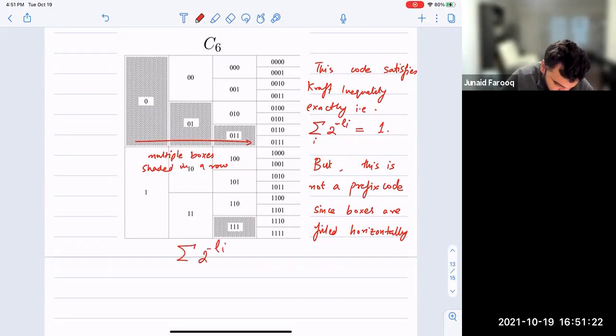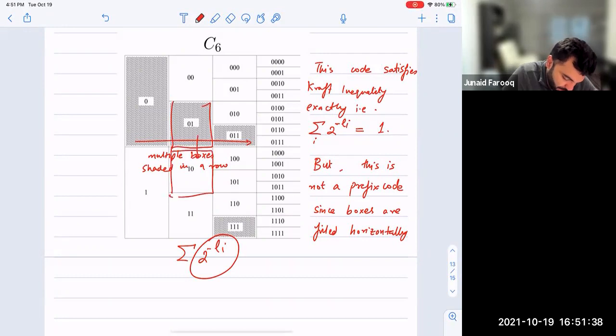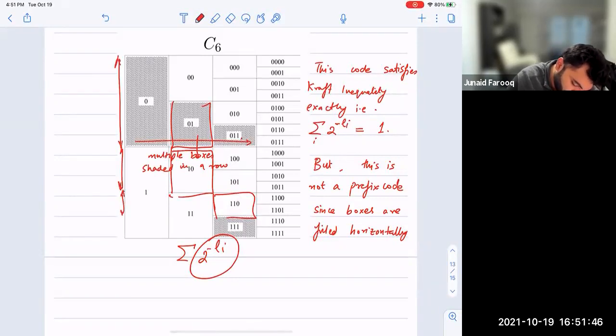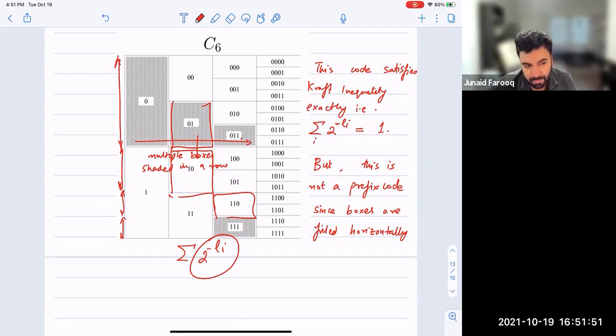I know that the size of the box represents the size it occupies in this tree. So to see if they add up to 1 or not, I can just move this here, and then move this one here. So I see that I have filled this length, this length, and this length. So all of them add up to 1.